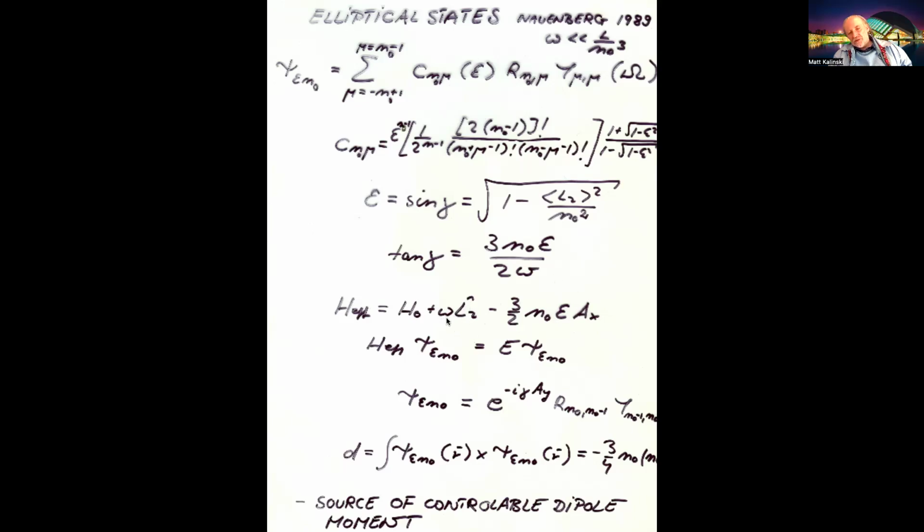So this is either the Hamiltonian of the hydrogen atom in crossed electric and magnetic fields, or the Hamiltonian in the rotating frame of the hydrogen atom in a circularly polarized electromagnetic field, but not in resonant conditions.